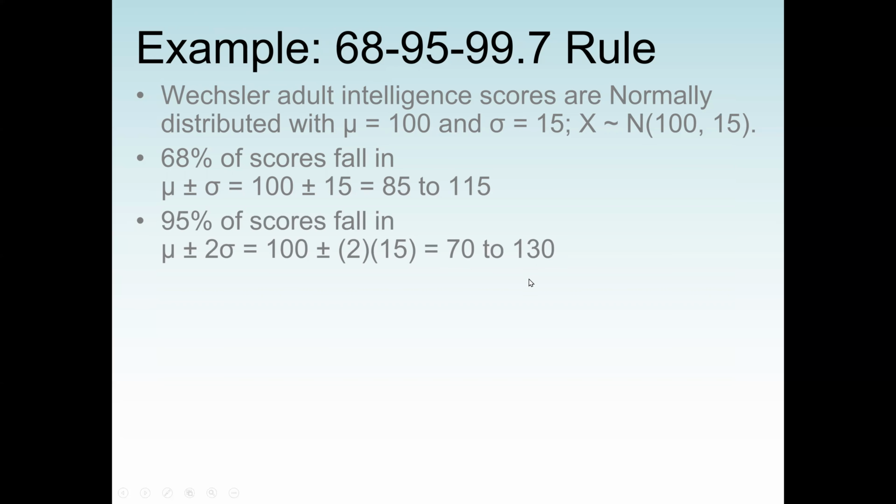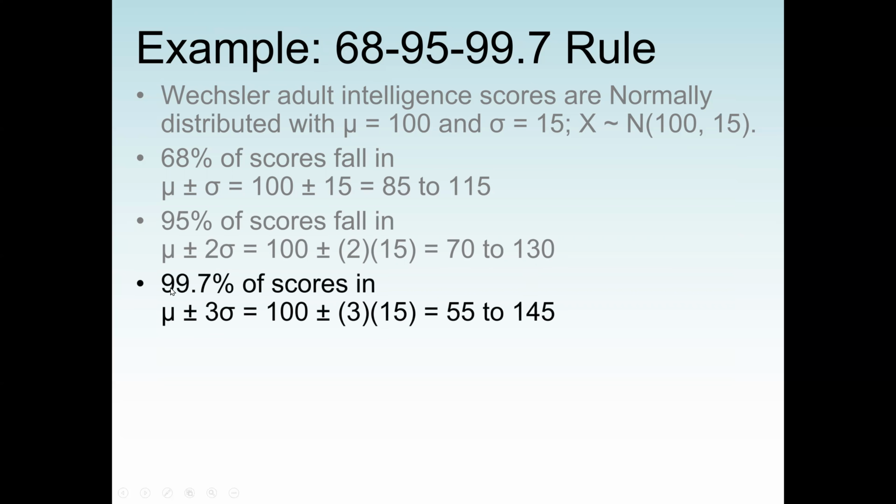And the last one, which is most of the data, will fall within plus or minus 3 standard deviations of the mean, almost 100% of the data. Here we have 99.7 because of, again, a few percent of error. But the majority of the data will fall between 55 to 145.